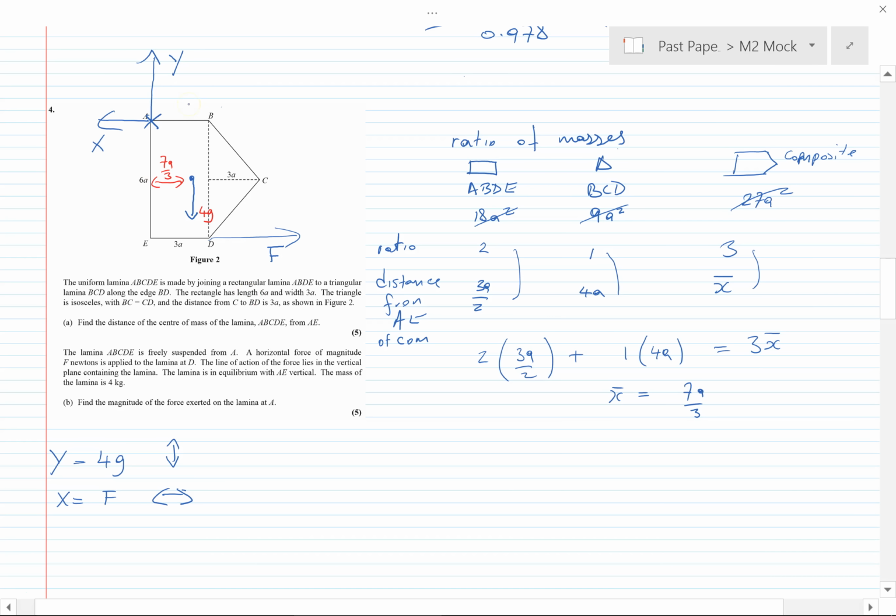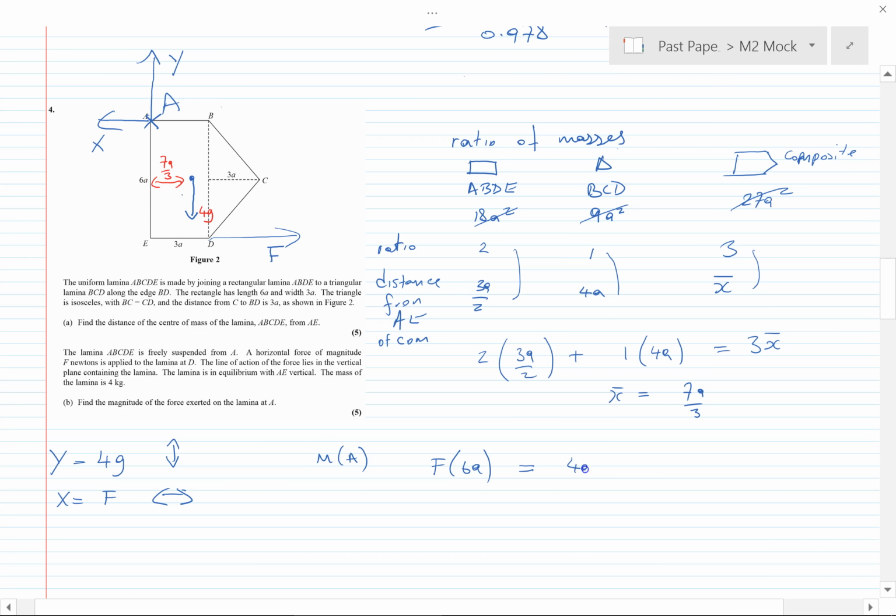Right, so we know that Y is 4g, so in order to work out F, we've got to take moments. If we take moments about A, that should work out pretty nicely. Let's just consider this force F first. The perpendicular distance there is 6a, so that's F times 6a. And that equals 4g, this force here, times the perpendicular distance, which is 7a over 3.